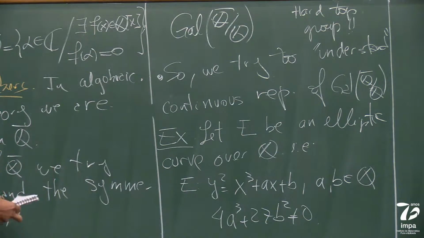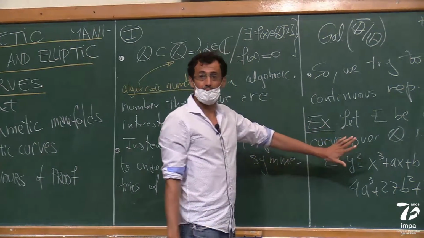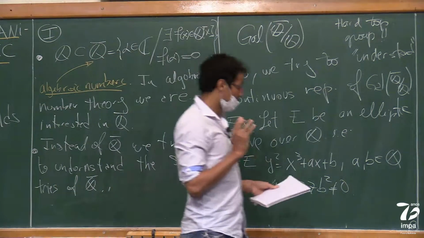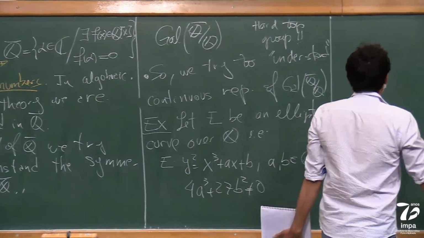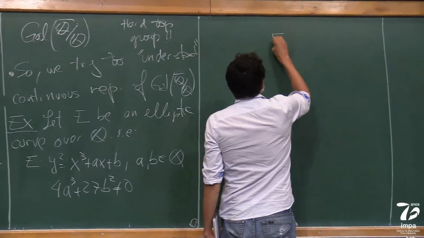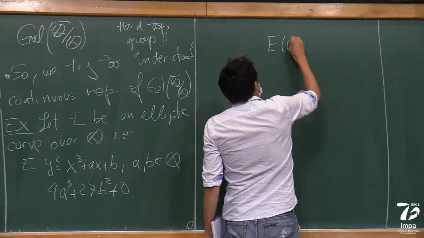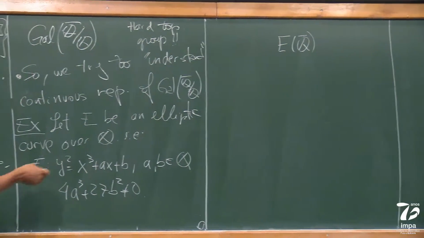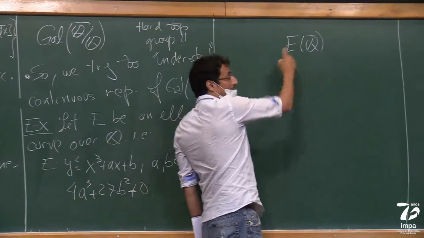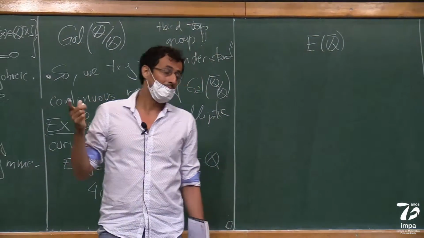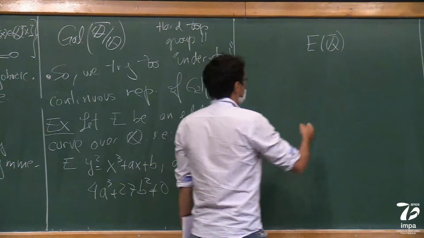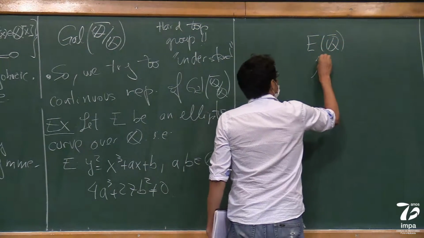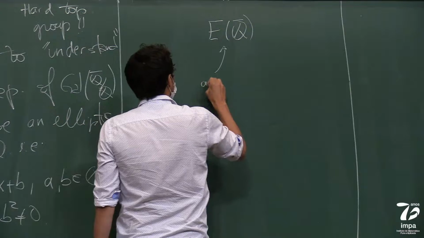From this geometric object, you produce an example of a representation in the following way. First you take the solutions of this elliptic curve with coefficients in Q bar, the field that we were interested in at the beginning. Naturally you have here a structure of abelian group.